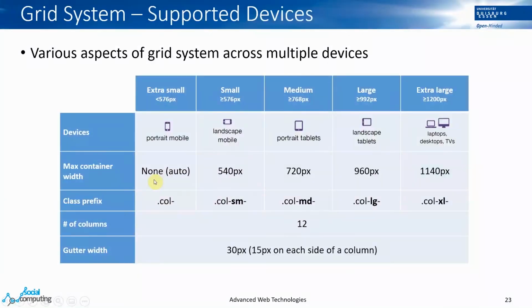After you understand the basic idea behind the grid system, what's important to know now is how Bootstrap distinguishes different devices, and how it allows you to generate an interface design for different devices.